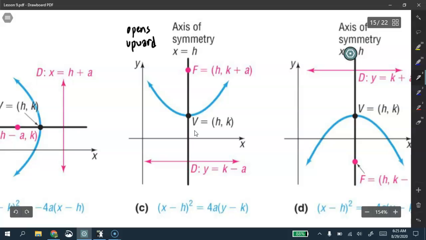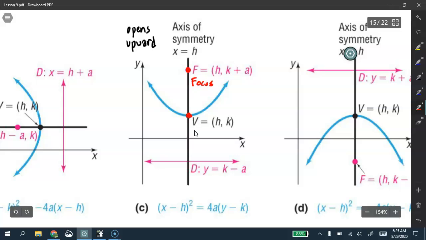This parabola over here. Now, in this parabola, there are several important key components. First off, it's got a vertex at h comma k, and of course it's facing up. Now in front of this vertex is a focus. So that point right there is called a focus.